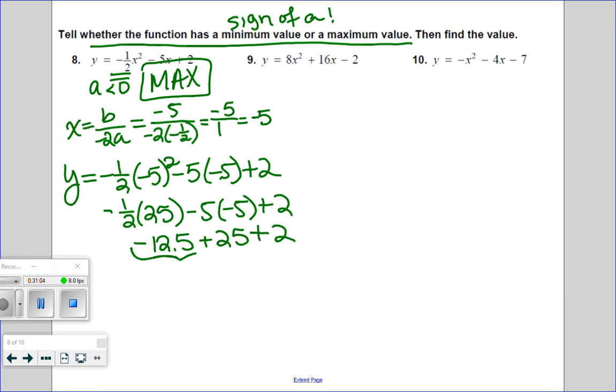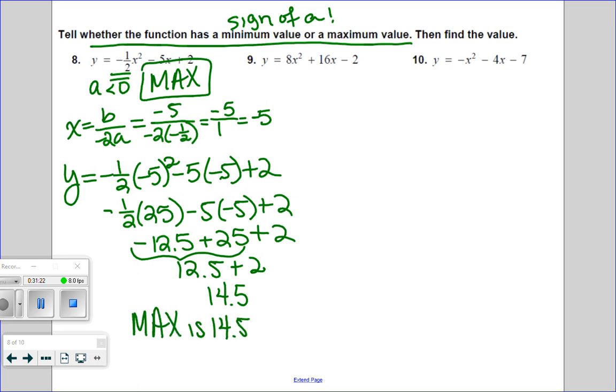Okay, and then I'll combine these right here. That's a positive 12.5. Plus the 2 gives us 14.5. So our max is 14.5. That is the highest value that our parabola will ever reach.